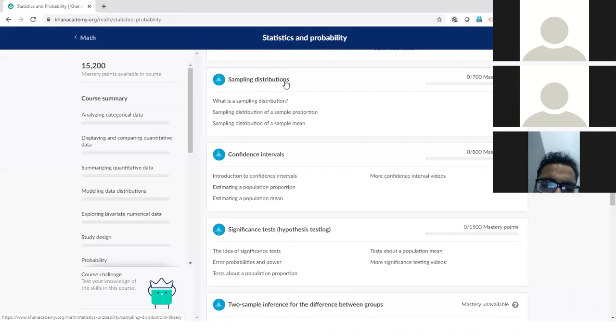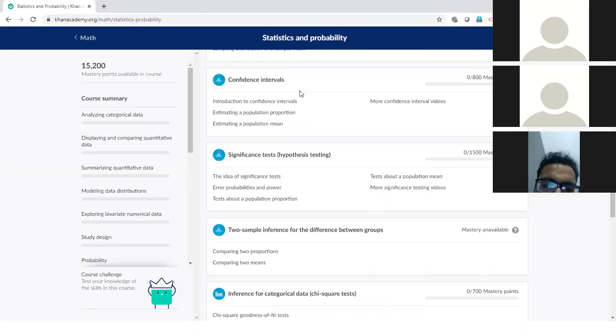Sampling distribution is an extension of the whole data distribution and then the sample distribution. How the population distribution and sample distribution relate to each other will be explained.